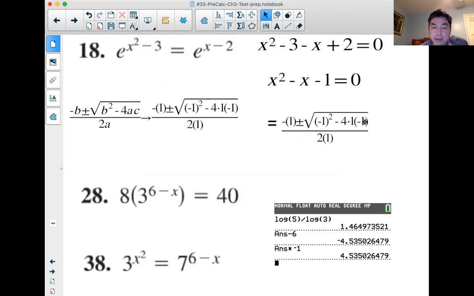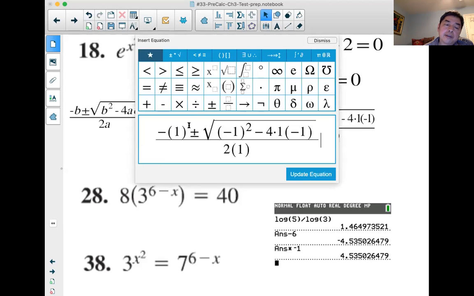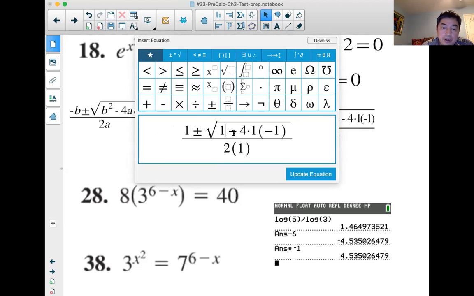Oh, came out okay. Negative 1 is positive 1, so I write positive 1 plus minus 1 squared is 1. 4 times 1 times negative 1 is negative 4, so with the minus it's going to be plus 4, over 2. So it's going to be 1 plus minus square root 5, over 2.